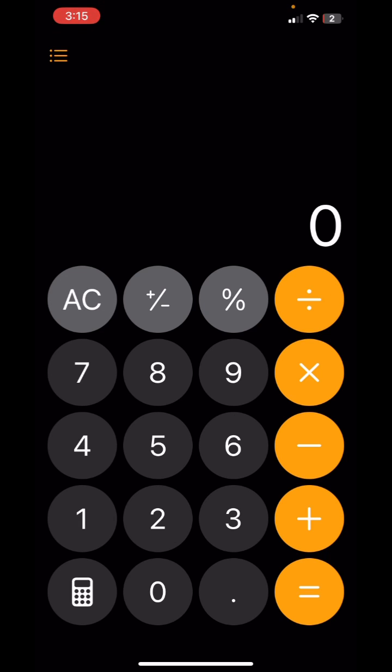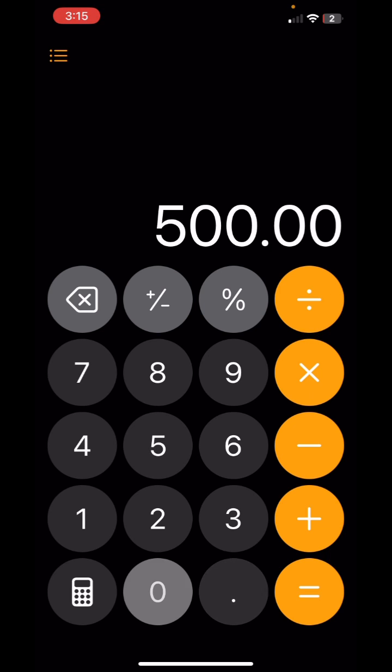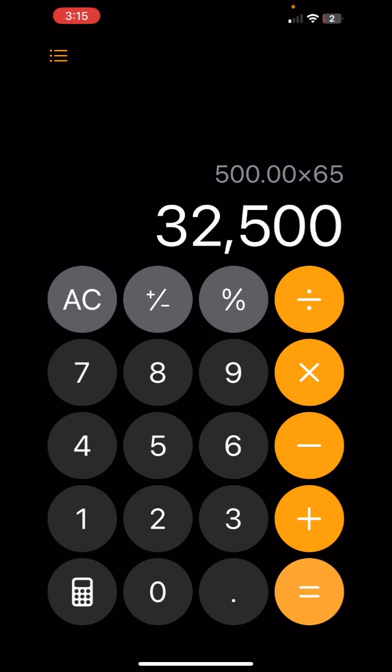I said 64, but I meant 65. So times 65, 32,500. So that's some people's salary. Some people make that a year. And I mean hard labor. You made that in 10 months. And that's just one trade.